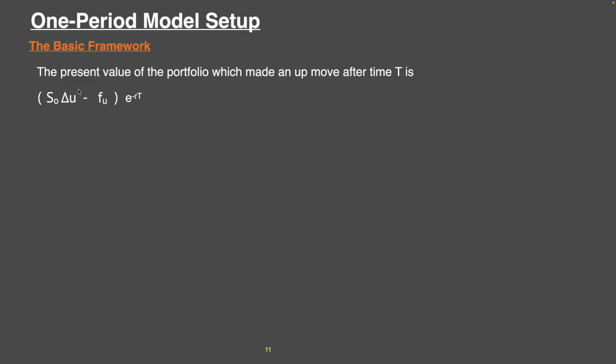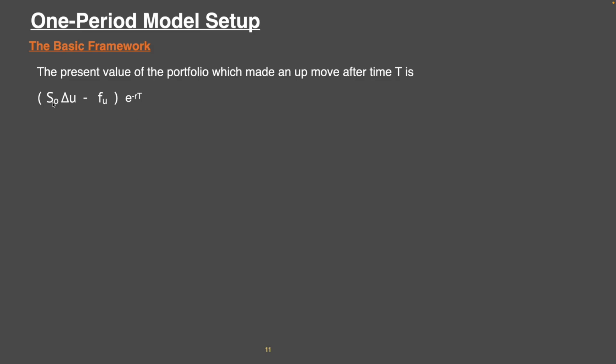So now the present value of the portfolio which made an up move after time t. We understood that the portfolio made some up move after a time t. But if we want to calculate the present value of that particular value after it moved after time t, we have to use the continuously compounded formula to get the present value.